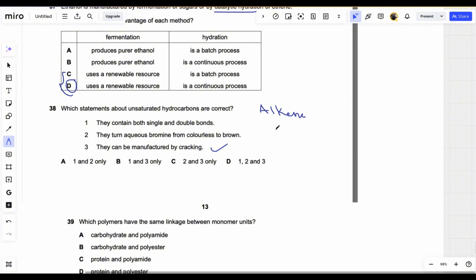For example, propene: a double bond at the first position, then a single bond to the other one. Prop-1-ene. They contain both double and single bonds. So 1 is correct, and they are manufactured by cracking. So 1 and 3 are the most correct. Our answer will be B.